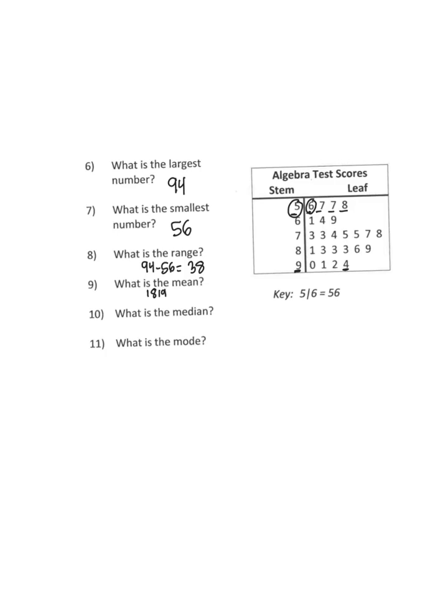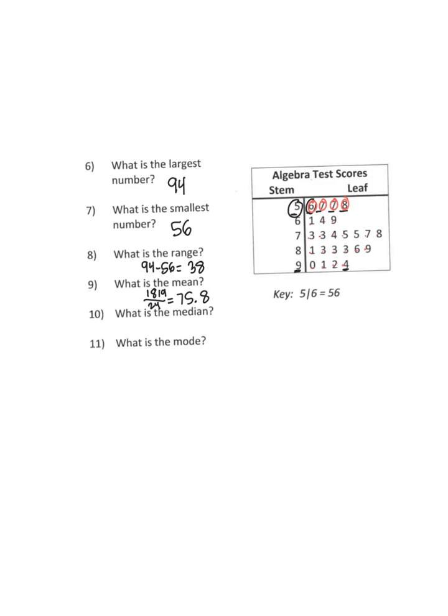Then, if I count up how many numbers I have, I've got 1, 2, 3, 4, and keep going, 5, 6, 7, 8, 9, 10, 11, 12, 13, 14, 15, 16, 17, 18, 19, 20, 21, 22, 23, 24. So I'm going to divide by 24, and that is going to give me 75.8. So that would be my mean.